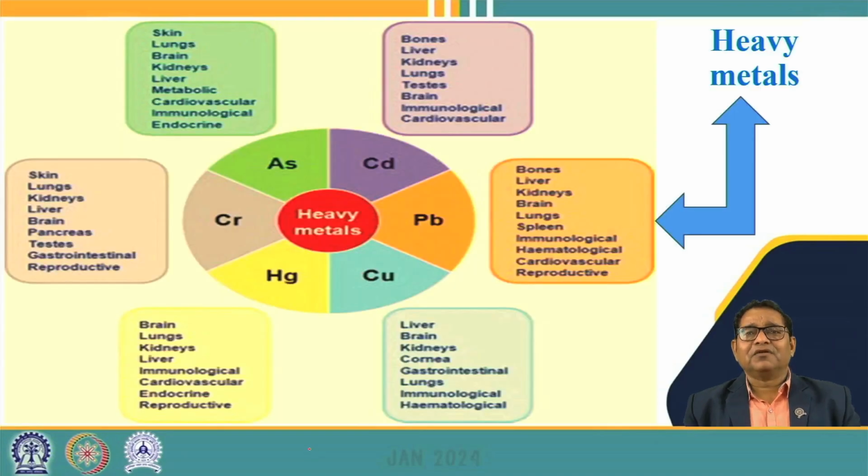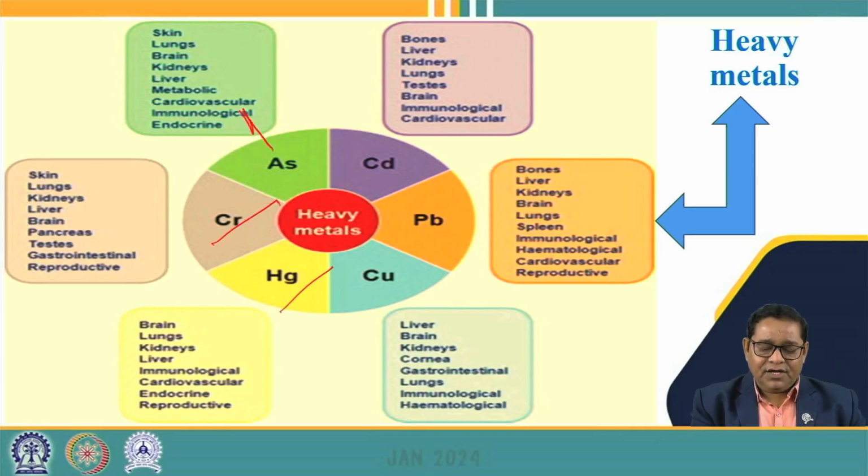These heavy metals have various types of effects on different organs. If we see them as a whole, these are heavy metals like arsenic, cadmium, lead, copper, mercury, and chromium. Every individual element has its own impacts.